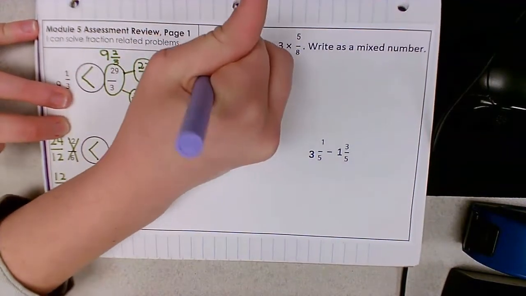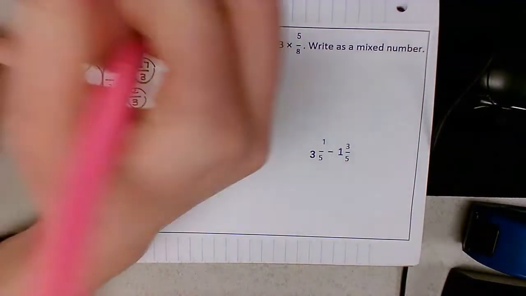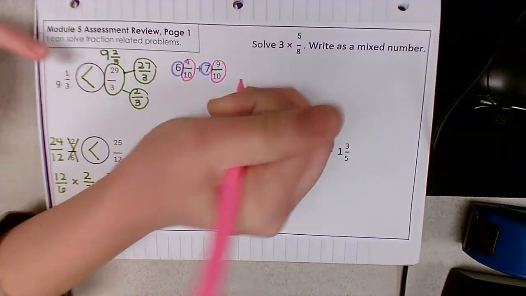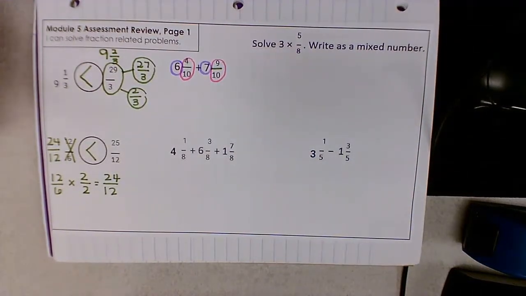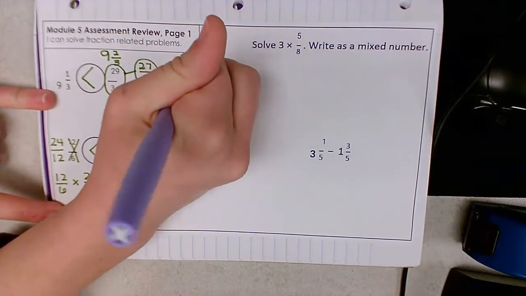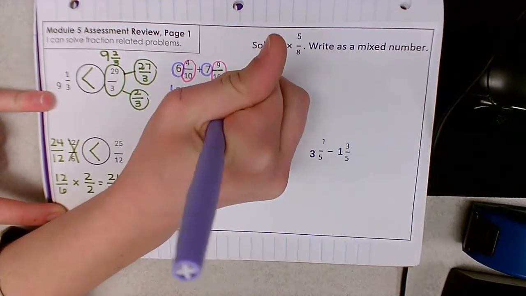Meaning I could add just my 6 and my 7, then go back and add my 4/10 plus my 9/10, and combine those two sums together to see what I get. Let's start by adding 6 plus 7. And that equals 13.